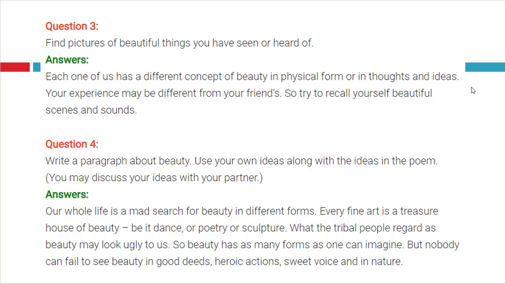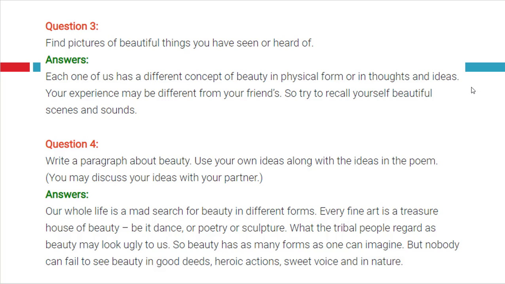Our whole life is a search for beauty in different forms. Every fine art is a treasure house of beauty. Be it dance or poetry or sculpture, what tribal people regard as beauty may look ugly to us.